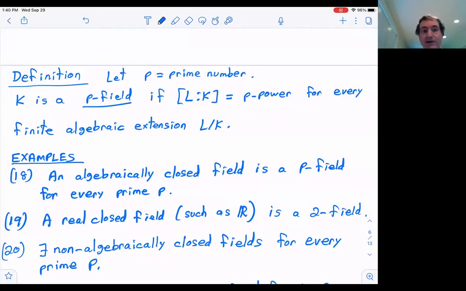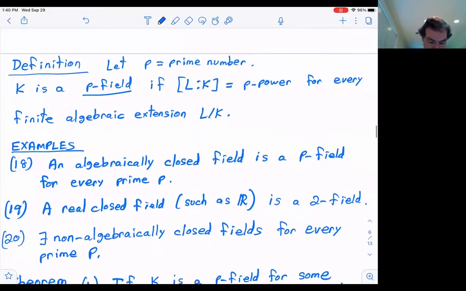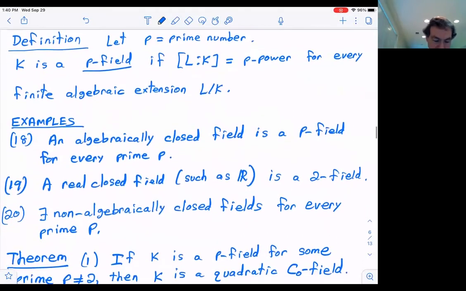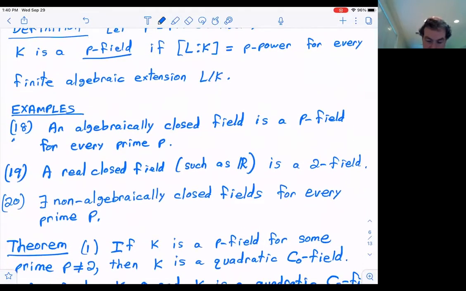The only degrees of finite extensions are powers of p. For example, an algebraically closed field is a p field for every p trivially because p to the 0 is 1. A real closed field, such as the real numbers, is a 2 field because the only algebraic extensions have degree 1 and 2, so powers of 2.